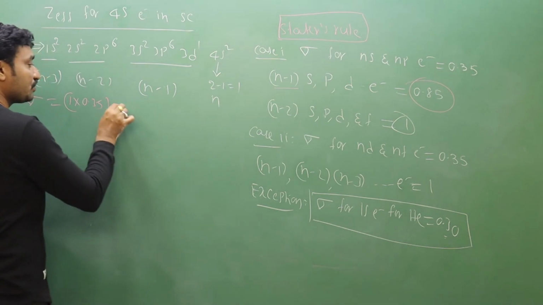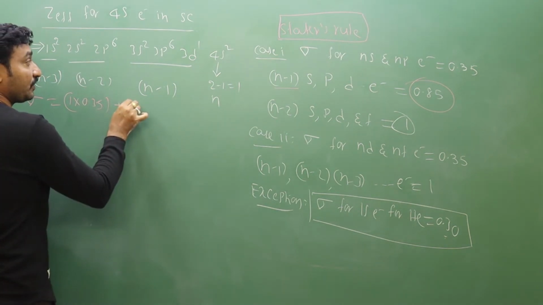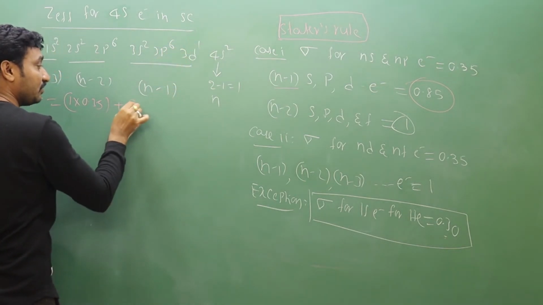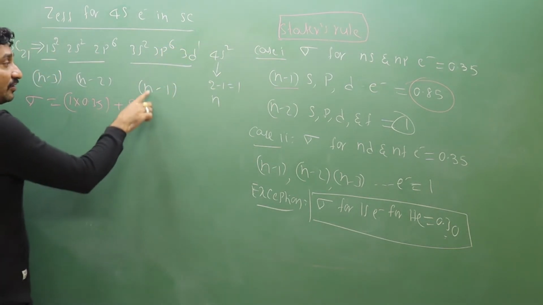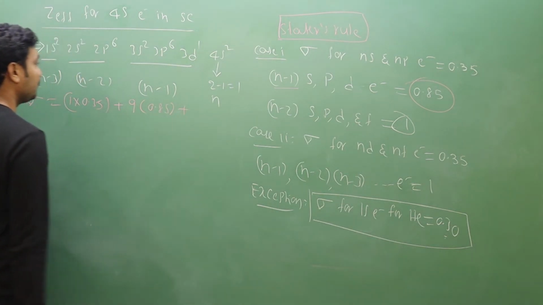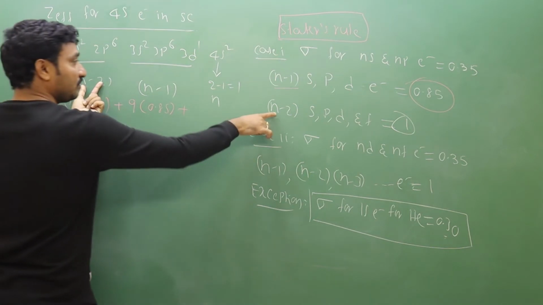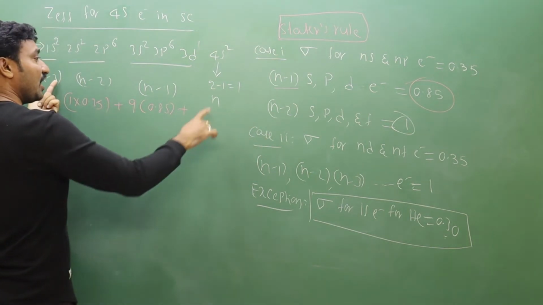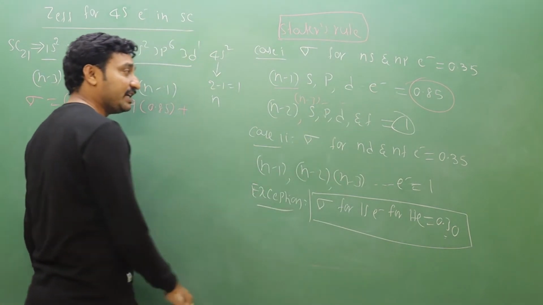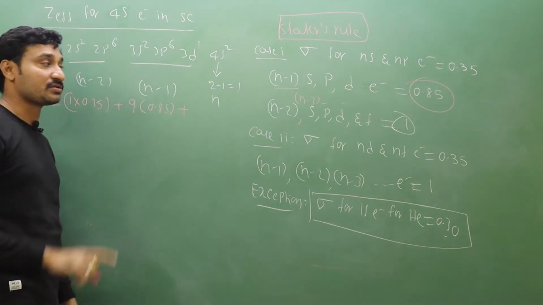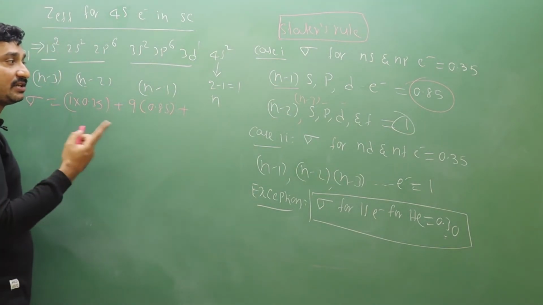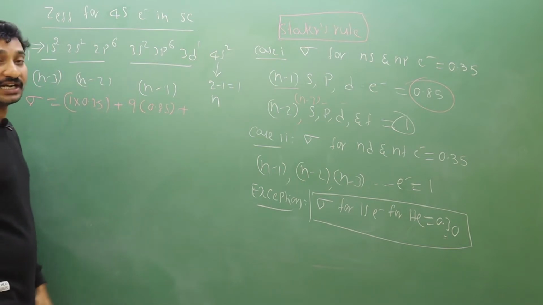How many electrons are present? 9 electrons, 2 plus 6, 8, 8 plus 1, 9. For each electron 0.85. Then for the n minus 2, n minus 3, n minus 4 shells, any remaining electron, the value is 1.